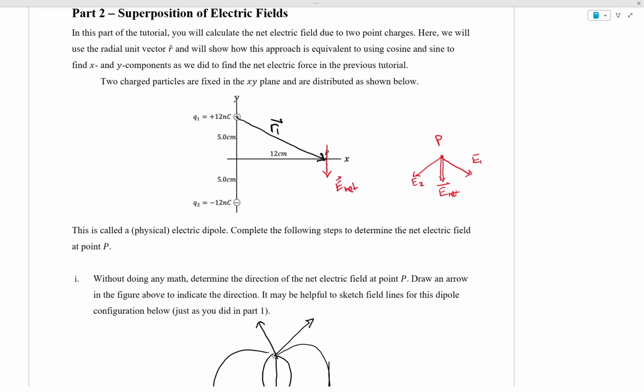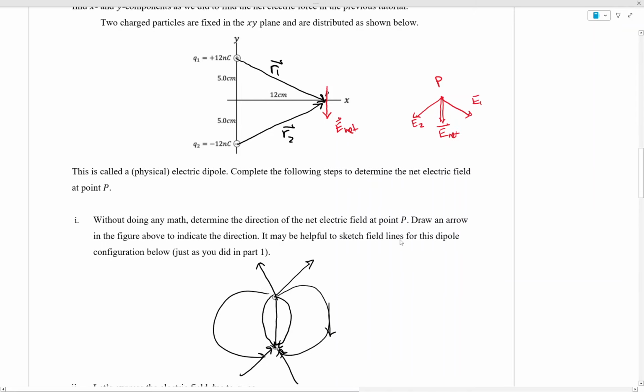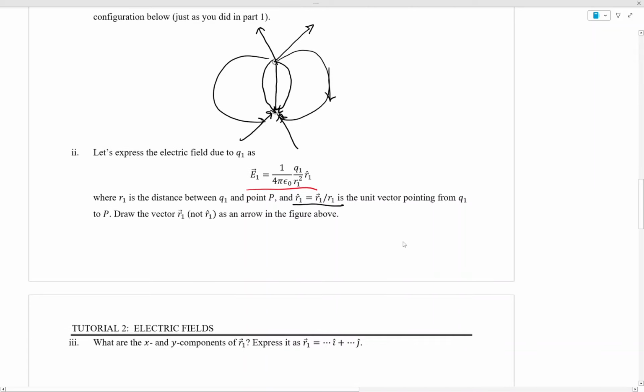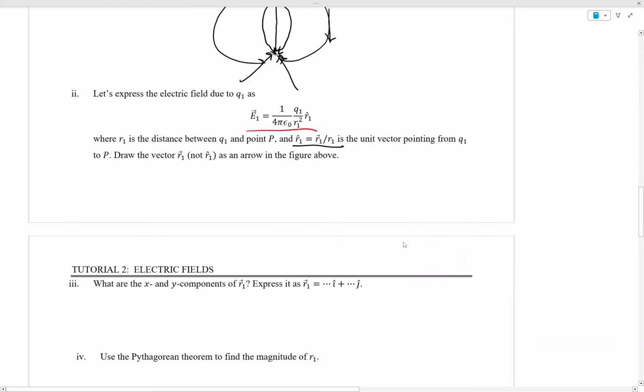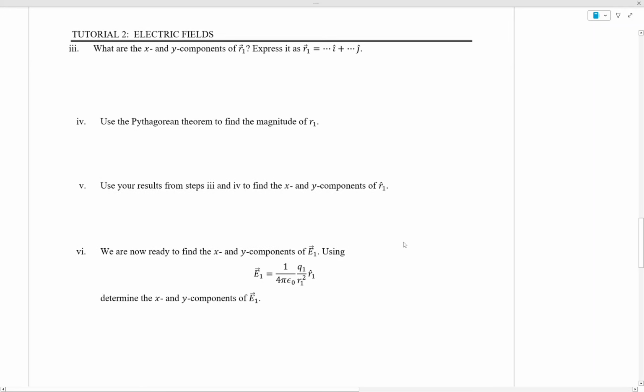And likewise, r2 would be the vector that points from Q2 to P. So those are the vectors r1 and r2. And now we're going to make use of the definition of the unit vector to figure out the components.